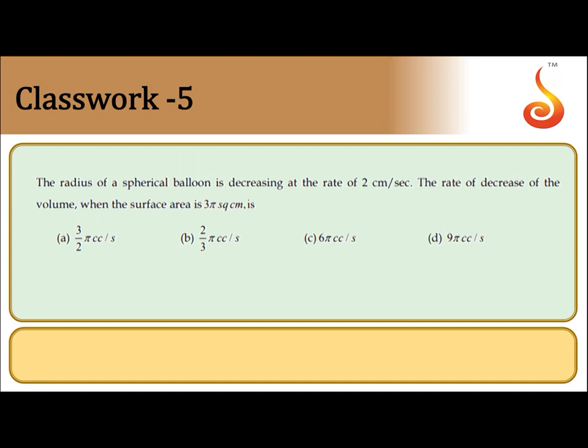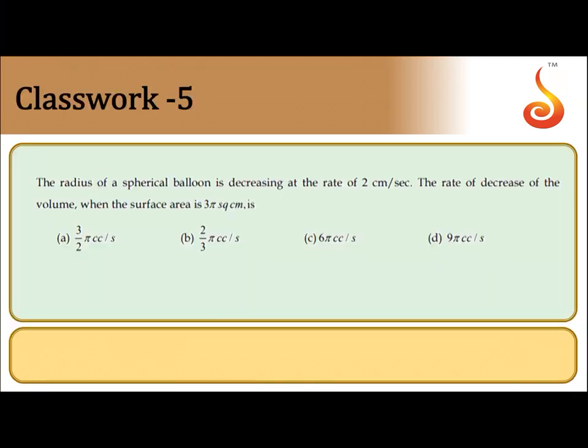Coming to the next one. The radius of a spherical balloon is decreasing at the rate of 2. Radius decreasing means dr/dt = -2, because it is decreasing.